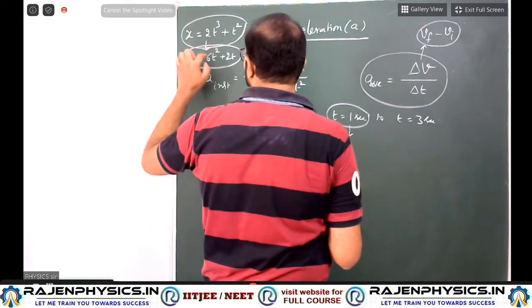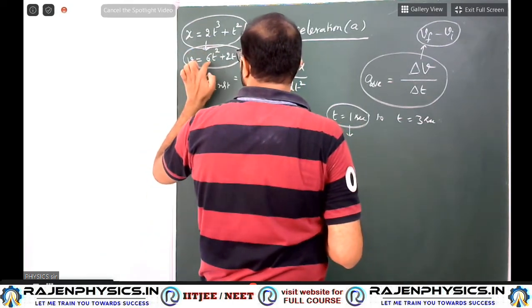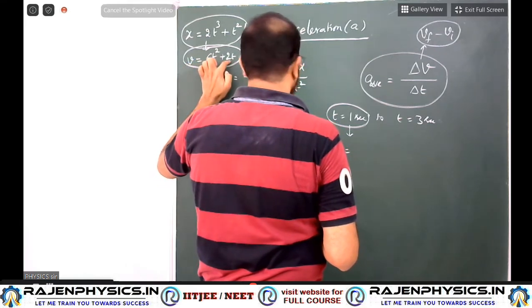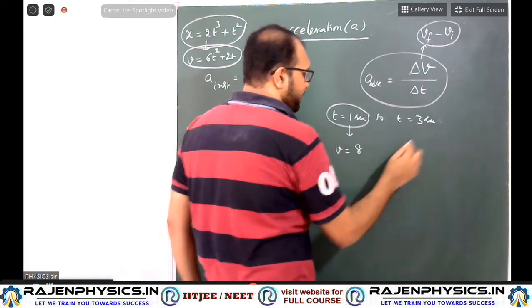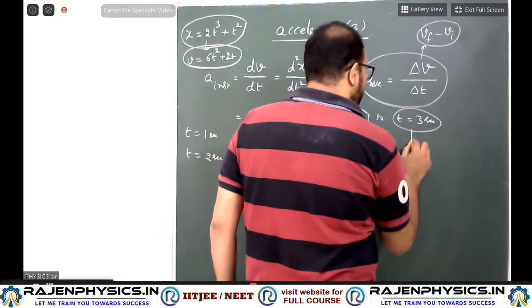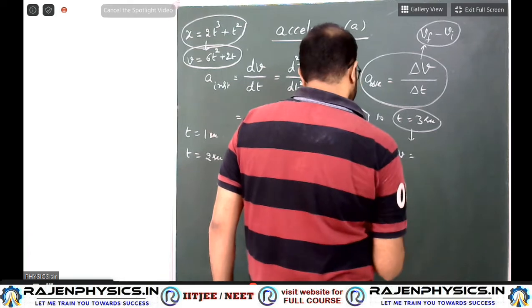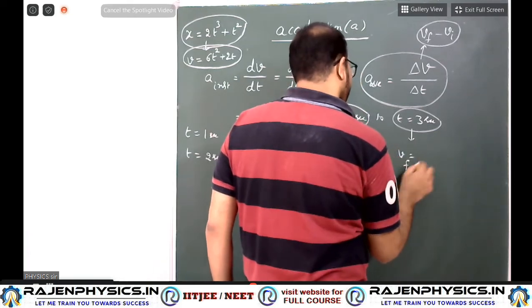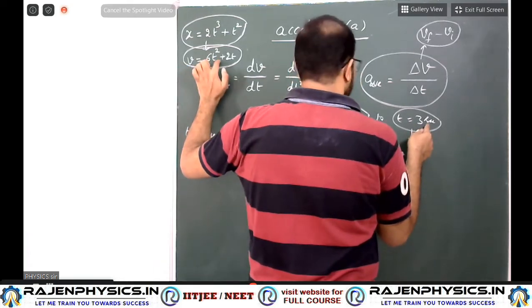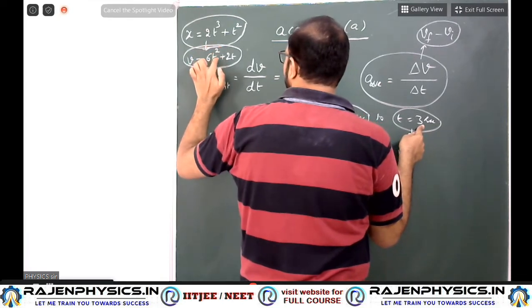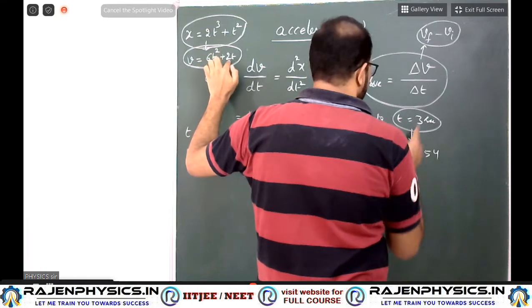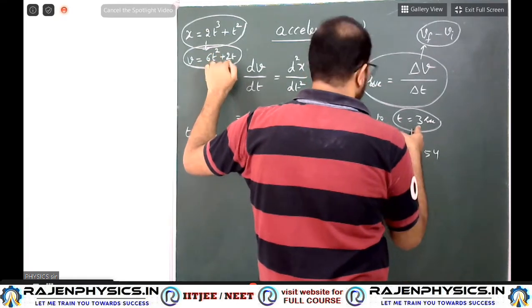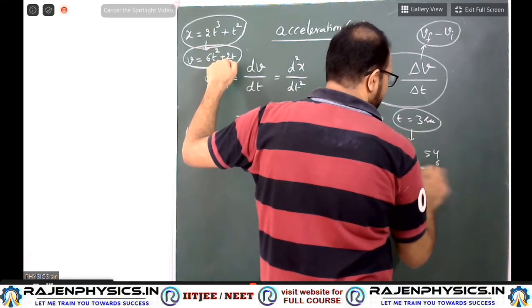Velocity is 6 into 1 plus 2 into 1, that is 8 meter per second. At t equal to 3 seconds velocity is required. This is the initial, this is the final. At t equal to 3, 3 square is 9, 9 into 6 is 54, and 3 into 2 is 6. So total 60.